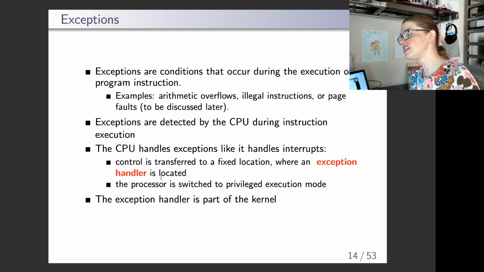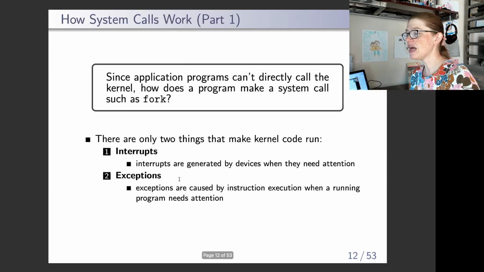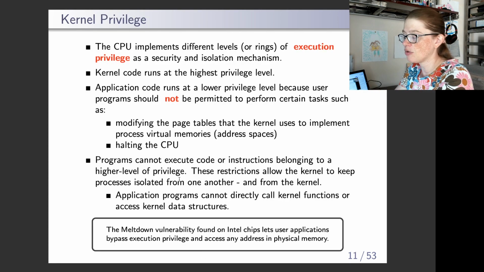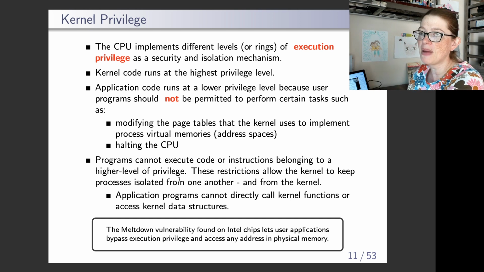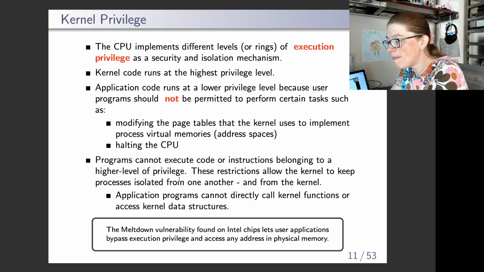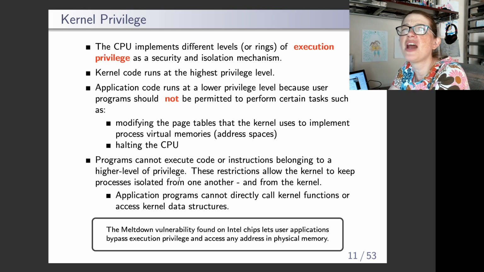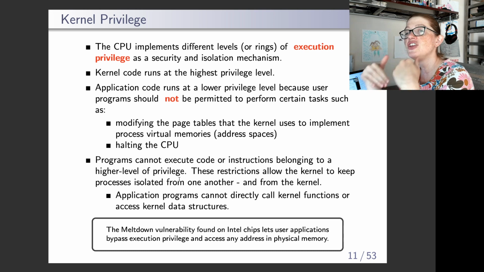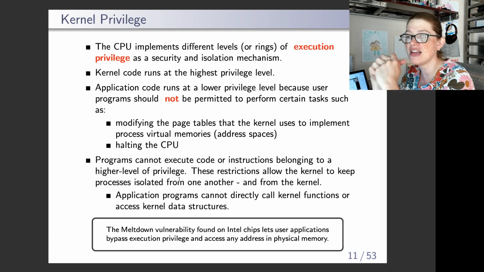Now, before we go into details of how that works, some of you might be familiar with the Meltdown and Spectre vulnerabilities. If you're not, I will actually post the papers to Piazza. I find them to be very approachable. The Meltdown vulnerability has been out for two or three years now. It was a way to bypass the execution privilege on the Intel CPU such that a user program could get access to any address in physical memory.